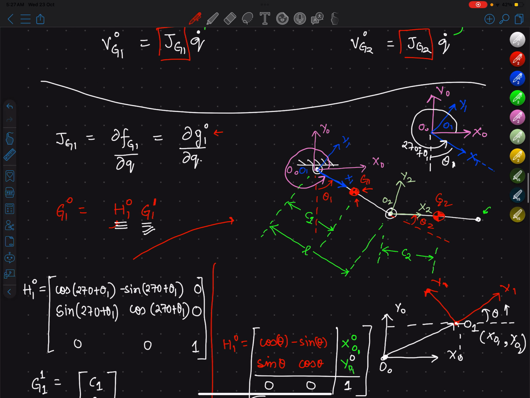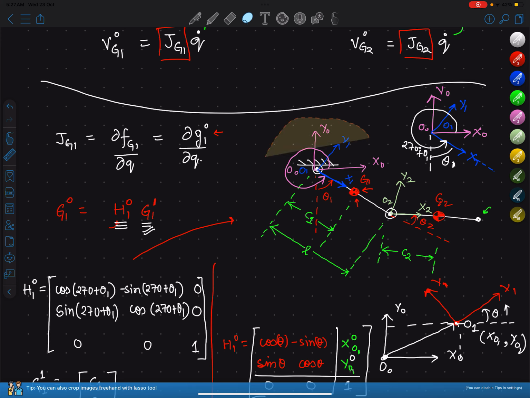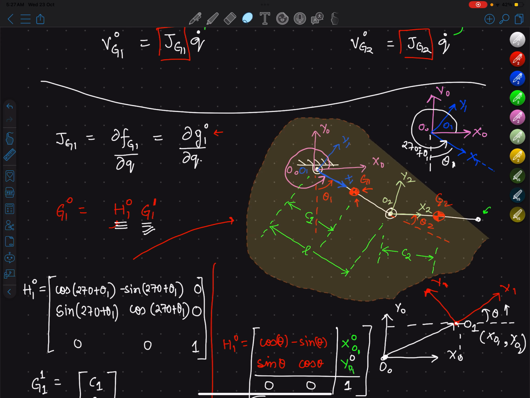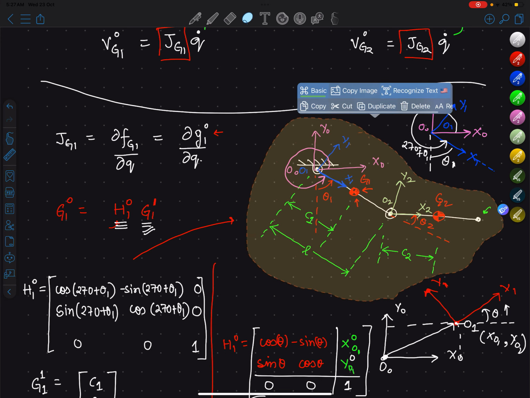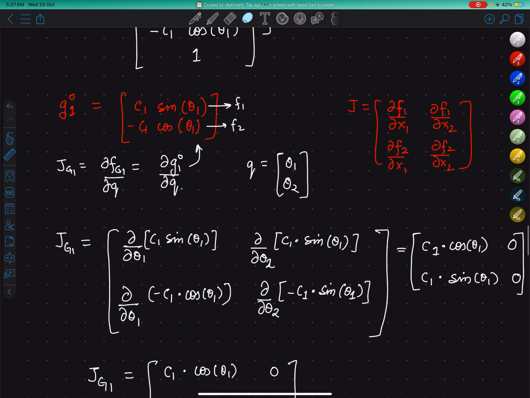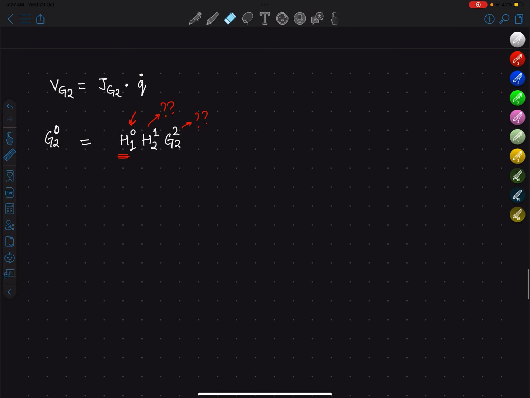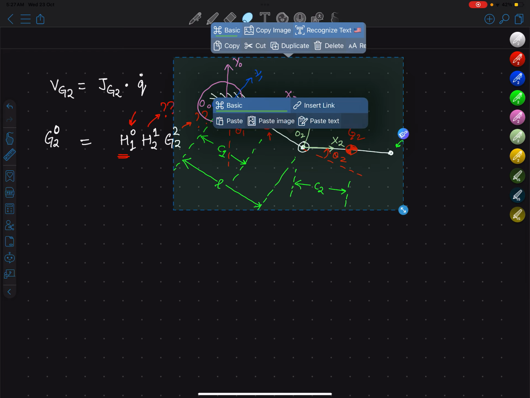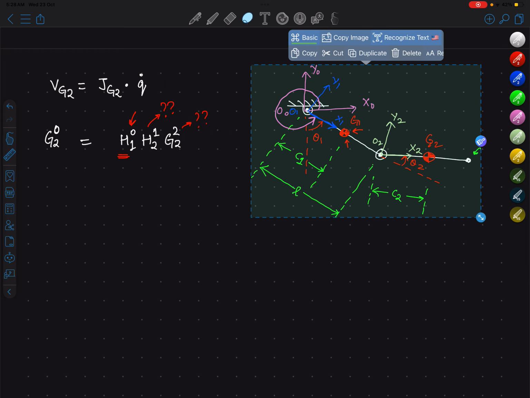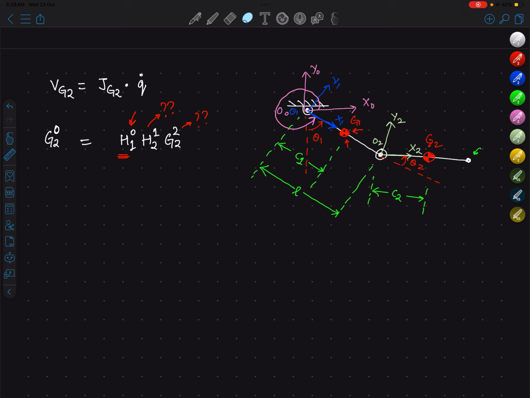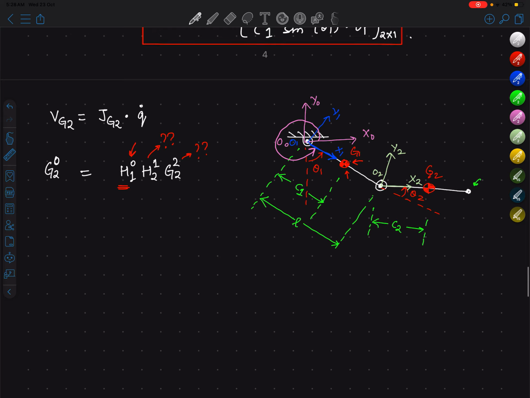All right, so here is the diagram. First and foremost, H1 naught, we already know what it is.